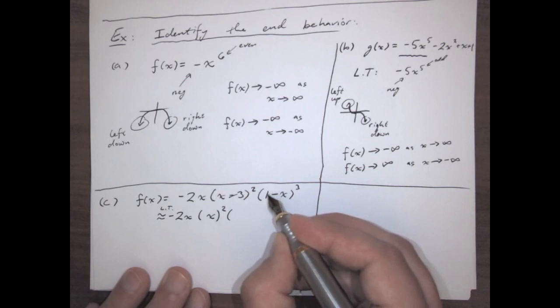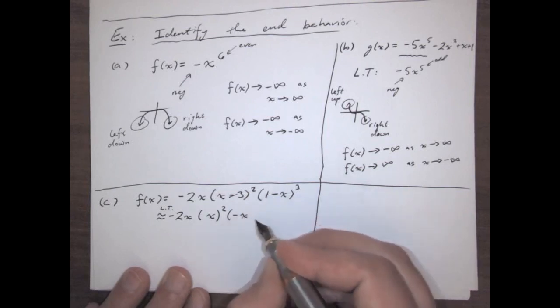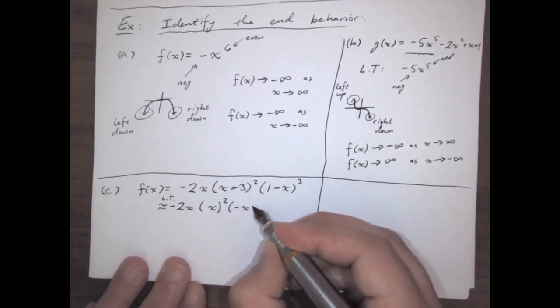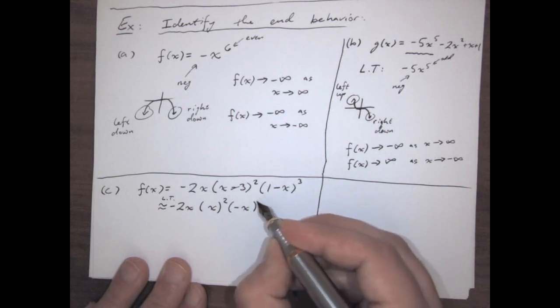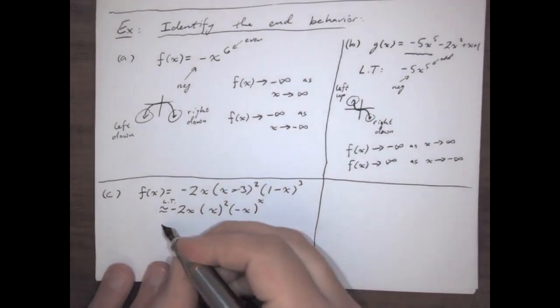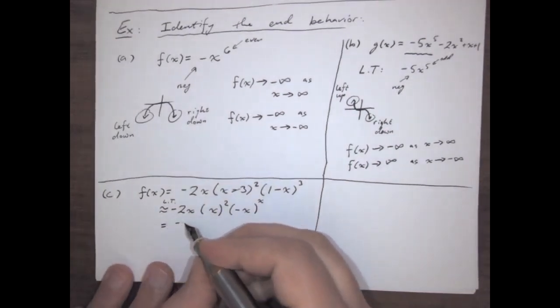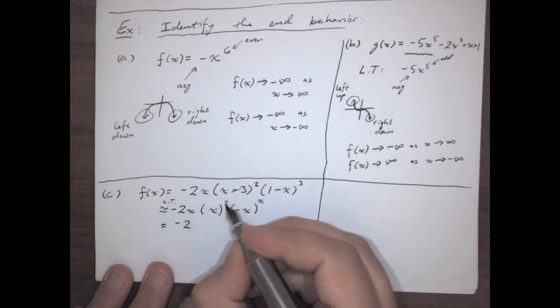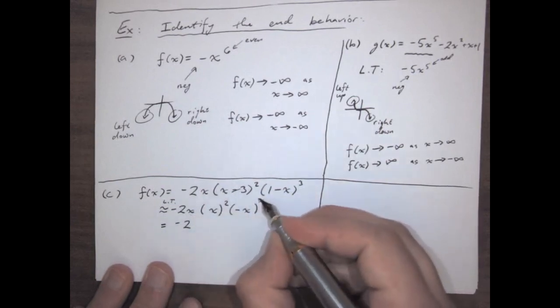Over here, we ignore the 1, but we respect the negative x. That's part of the coefficient of the x. You respect the coefficients and the powers of the x. You just ignore the lower terms. So that's going to be negative 2, 1, 2, 3. Oops, that's a cubed, obviously.